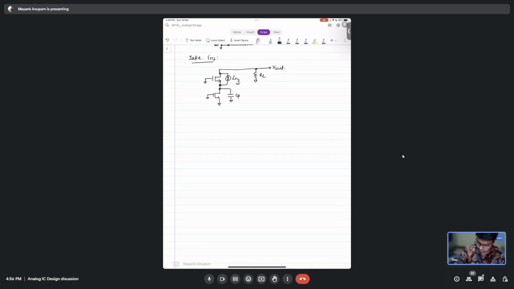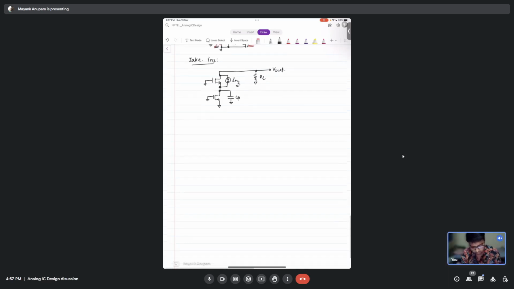Why are you saying that? So you are saying that all of IN2 current will flow through RL. Sir, RO2 is infinity, the lower transistor is off, and only CP is present. So I think there is only one current flowing through the circuit.